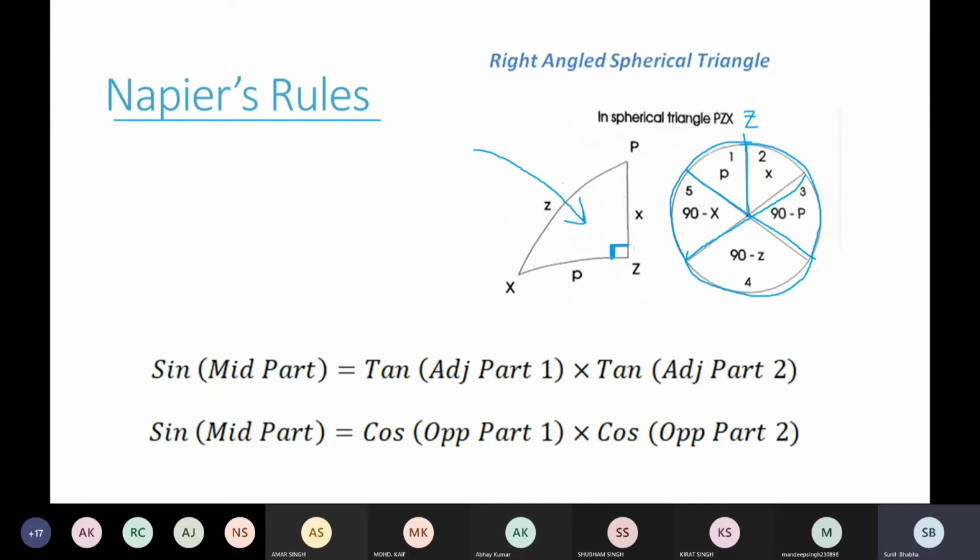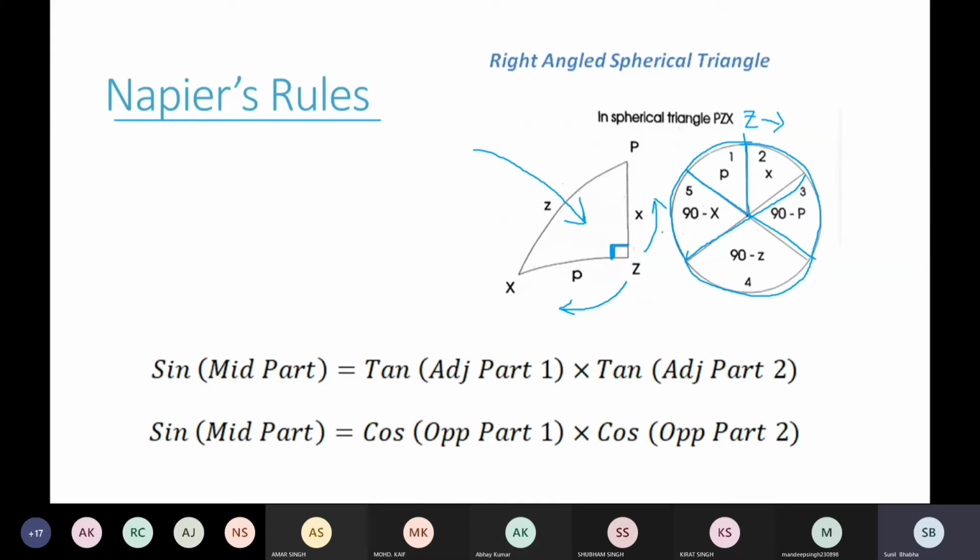Now from this angle Z, you start to move clockwise or anti-clockwise in whichever direction you want to go. Whatever parts of the triangle keep coming, you keep filling them up in this circular diagram.